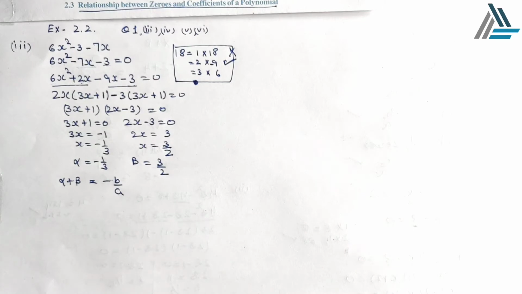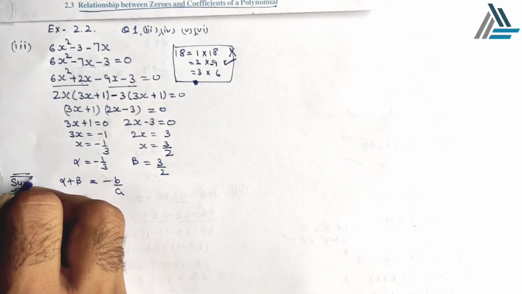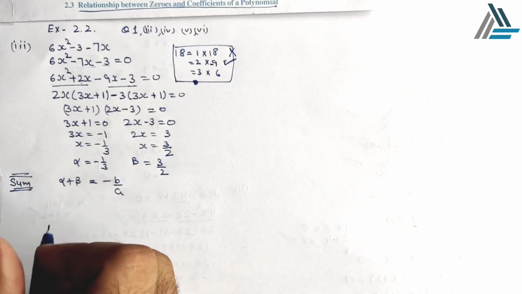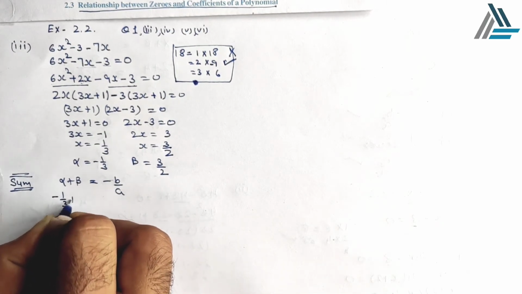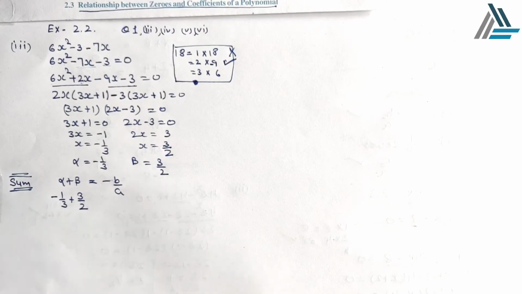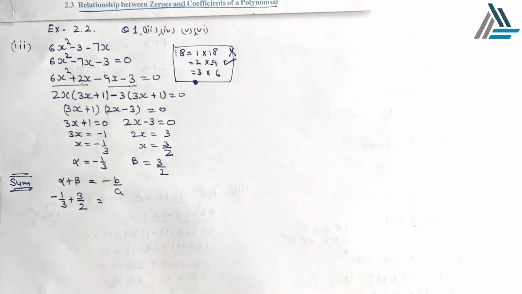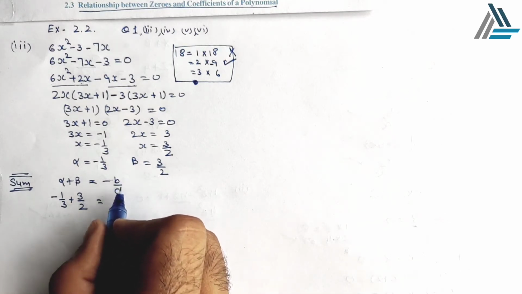We have to verify this sum of zeros. First we go with alpha and beta. By putting the values we get minus 1 upon 3 plus 3 upon 2. We also solve the right side together. In the right hand side we have to put the values of a and b.